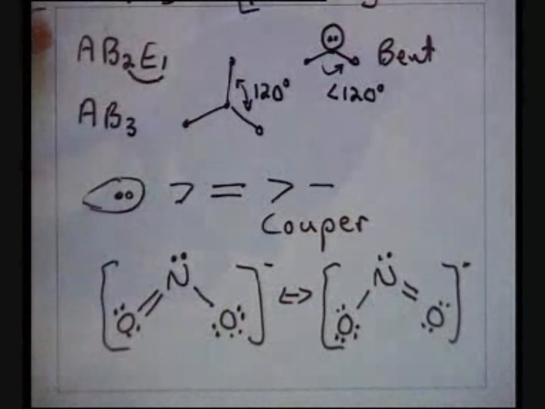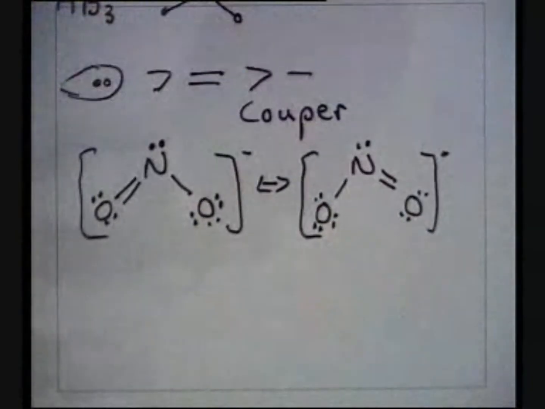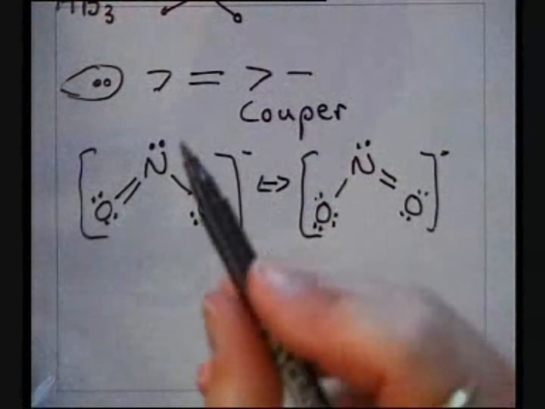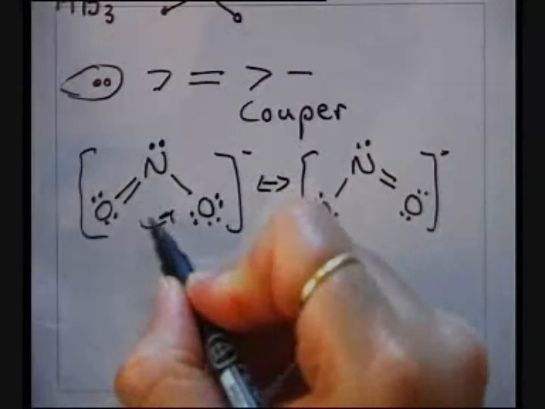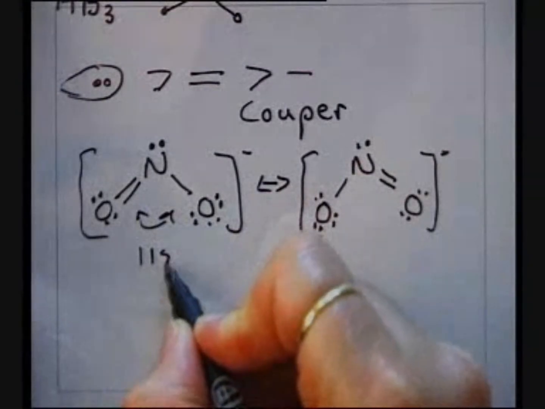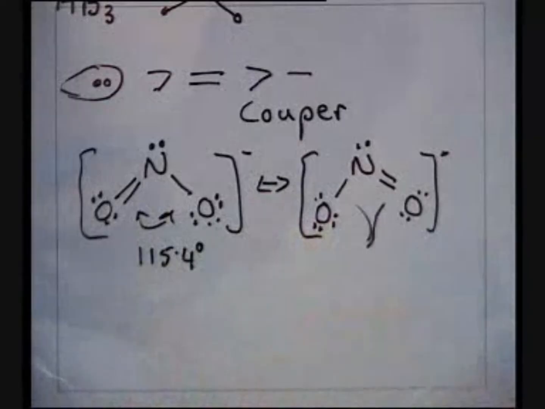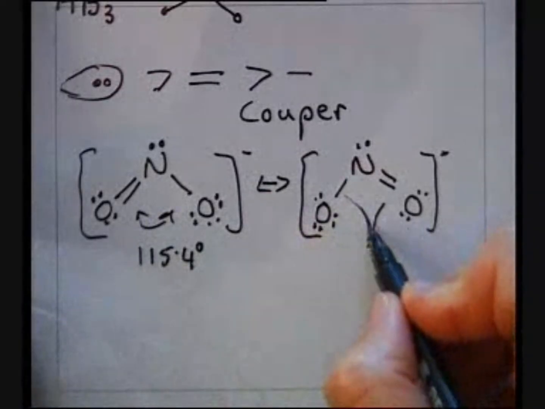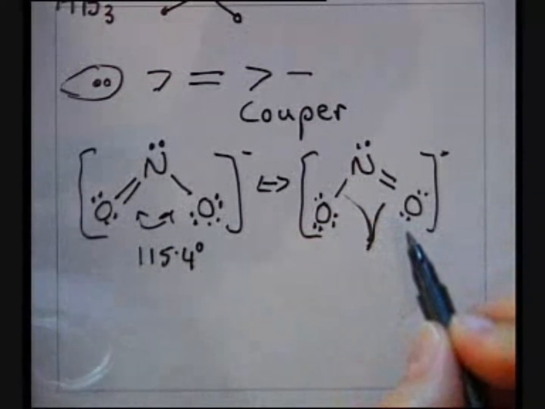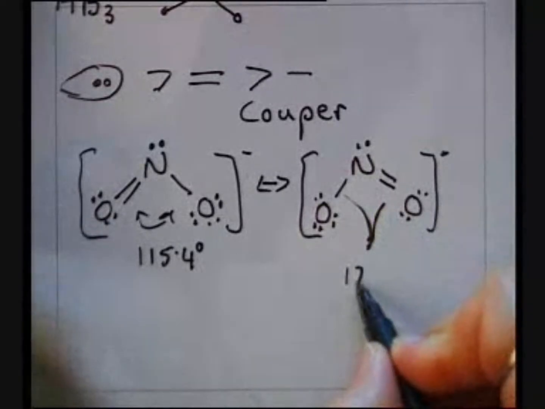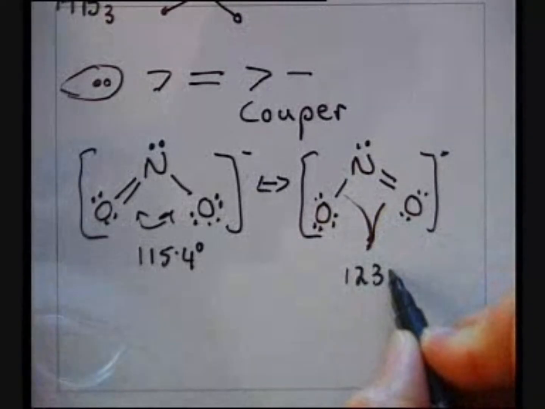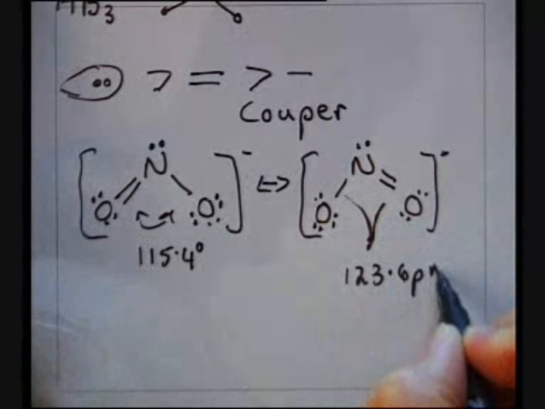And when we measure the bond angles in the laboratory, we find this bond angle to be 115.4 degrees, and that both these bonds are exactly the same, and they are 123.6 picometers.